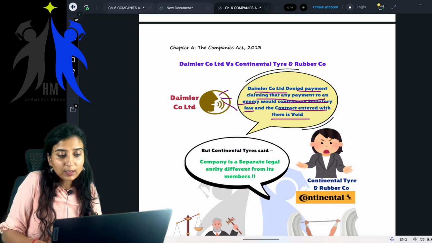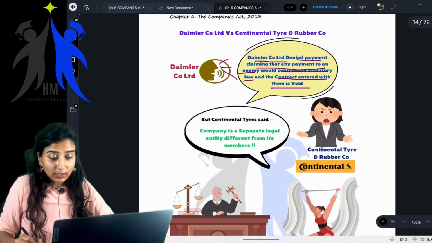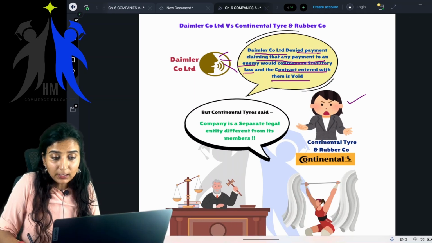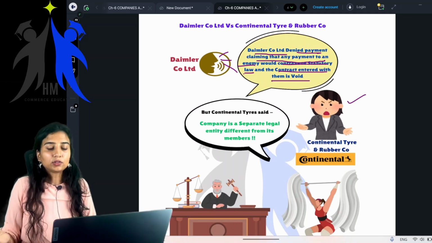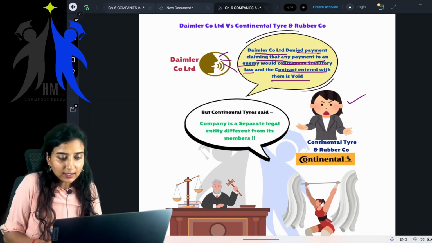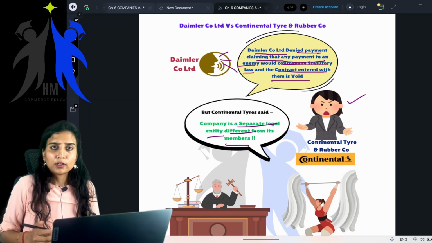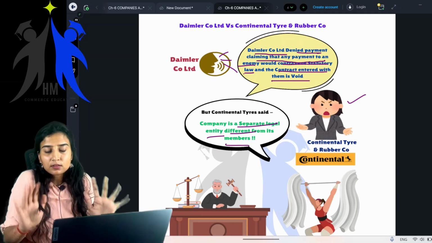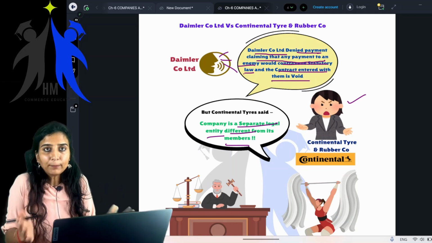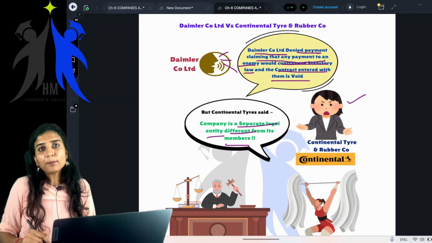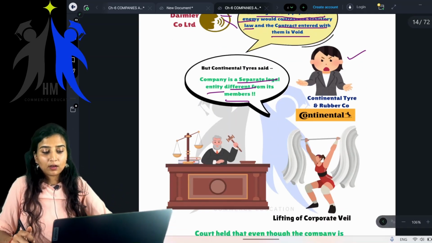Now Continental Tire and Rubber Company are amused. What are you talking? Continental Tire said the company is a separate legal entity different from its members. Even if my members are Germans, I don't care, but the company is not a German company. Please pay us money.